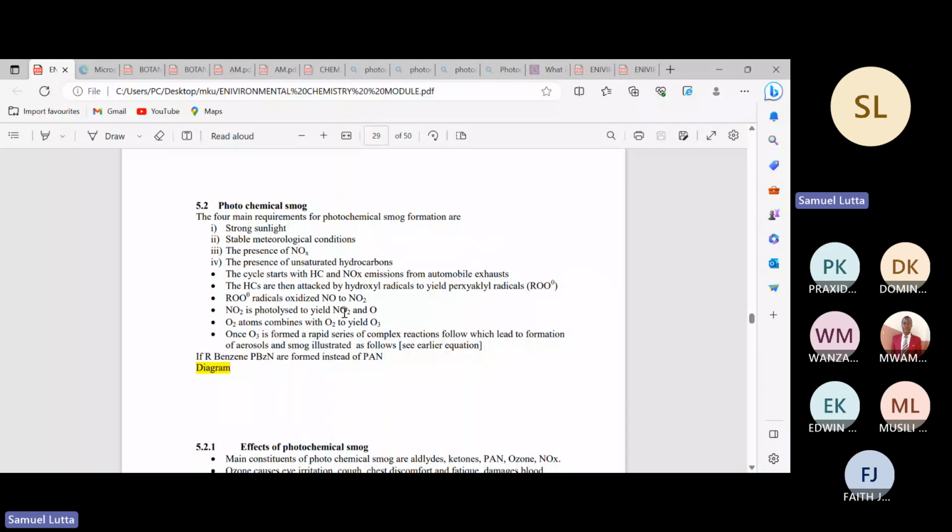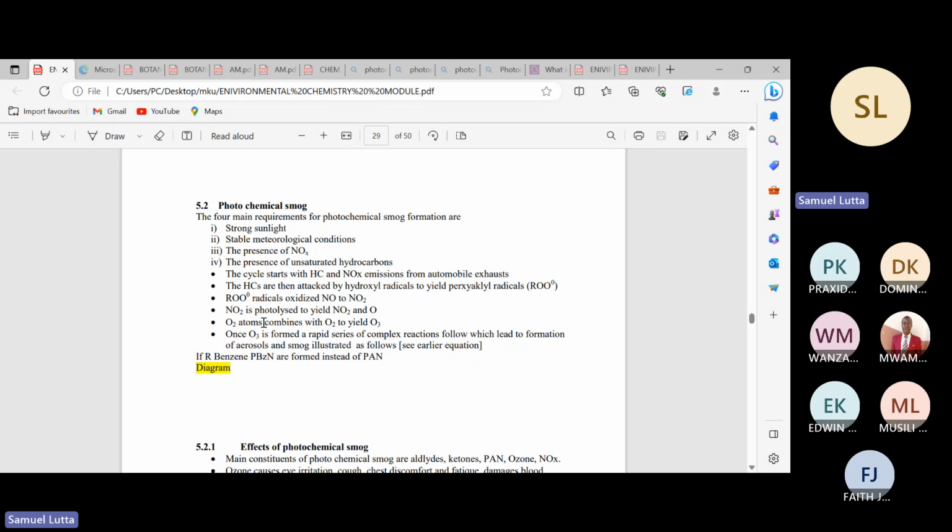And then we said the oxygen atom can combine with oxygen to yield ozone. So ozone can be formed during the process. And when this reaction occurs, it normally also leads to the formation of what we call aerosols and smog.